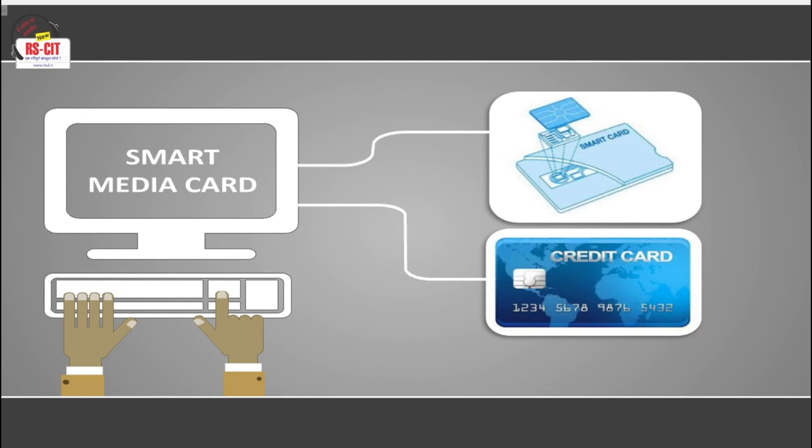A smart credit or debit card is more secure than the cards with a magnetic stripe because it generates a unique one-time code for each transaction that is impossible to replicate with counterfeit cards. Smart cards can also be programmed to self-destruct if the wrong password is entered too many times. As a financial transaction card, it can be loaded with digital money.